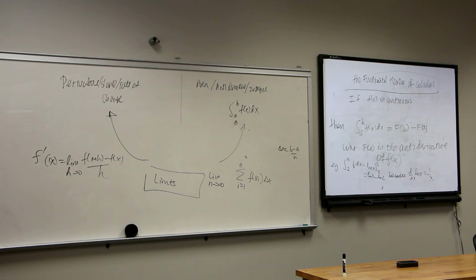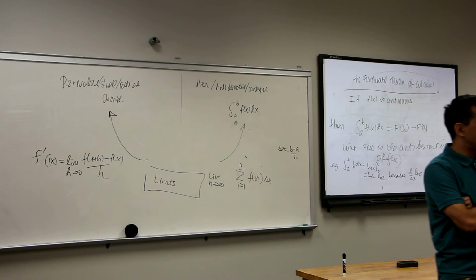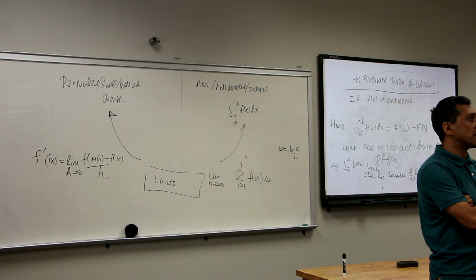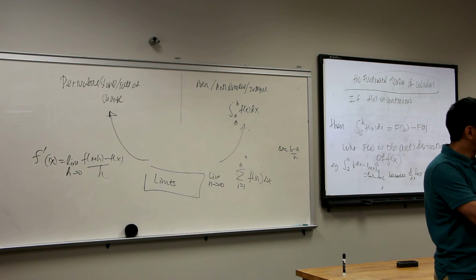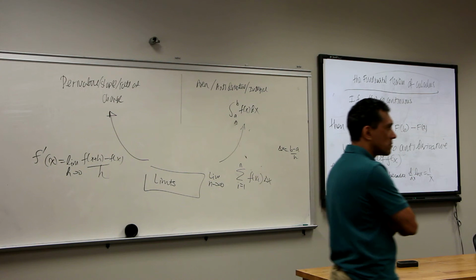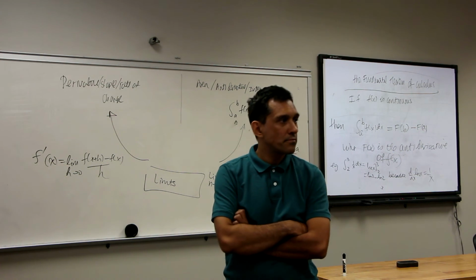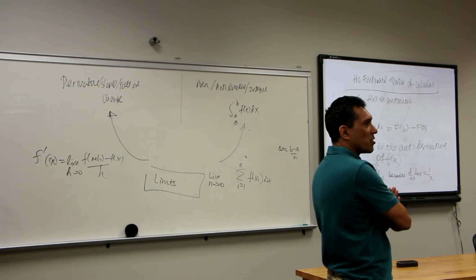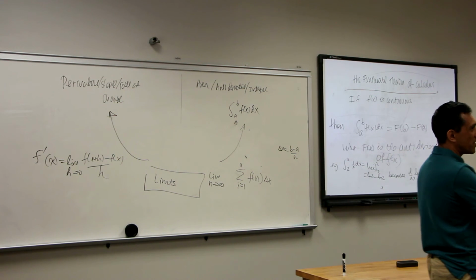If I give you a function, 99% of the time you will know how to differentiate it. If I give you a function, less than 1% of the time you will be able to find its antiderivative. Very difficult problem.